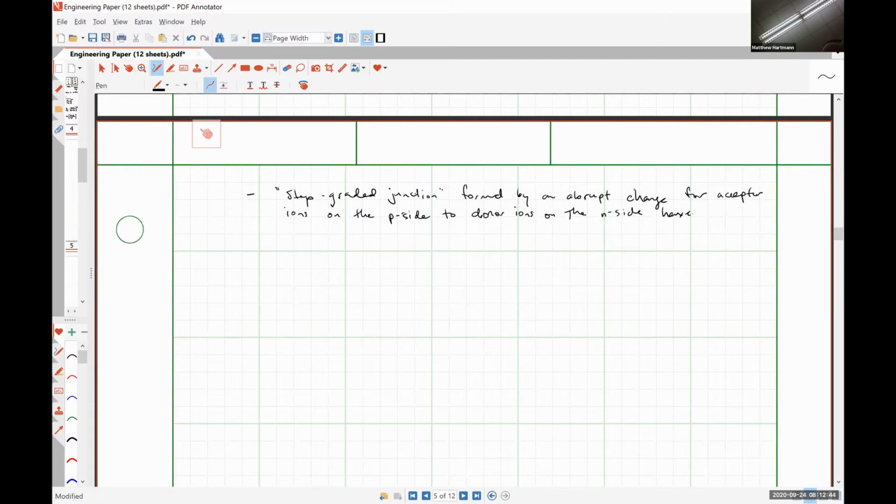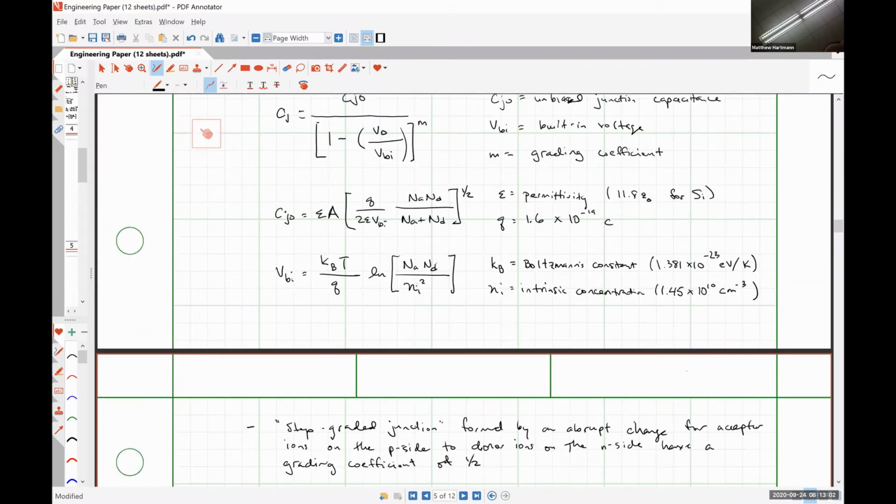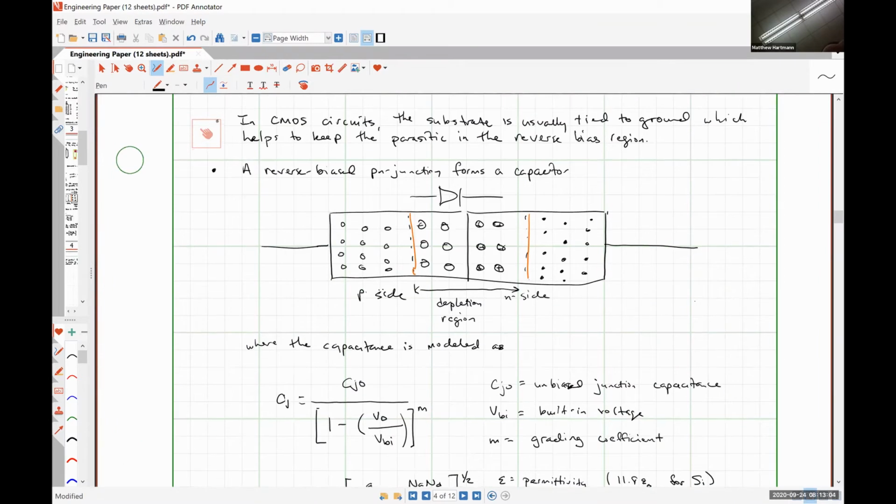It has a grading coefficient of 1/2. So as effectively as I've drawn it up here, where it abruptly shifts from completely ionized acceptor atoms to completely ionized donor atoms, that would be an example of a step graded junction.